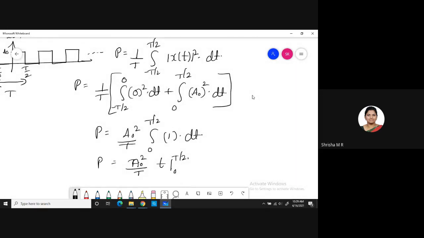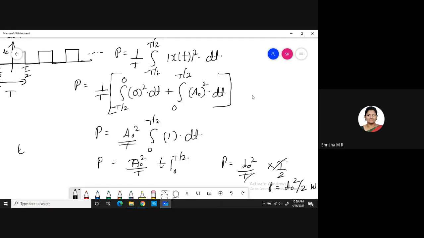So power is equal to A naught square by T into T by 2, correct? So T and T get cancelled. So power is A naught square by 2 watts.